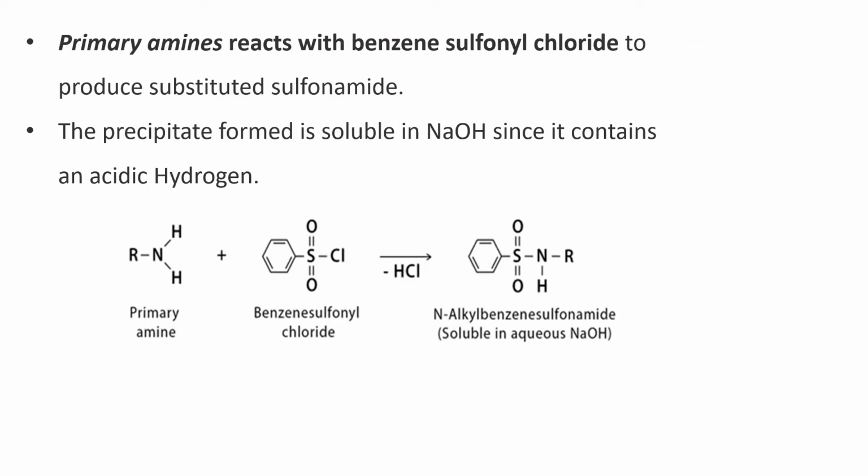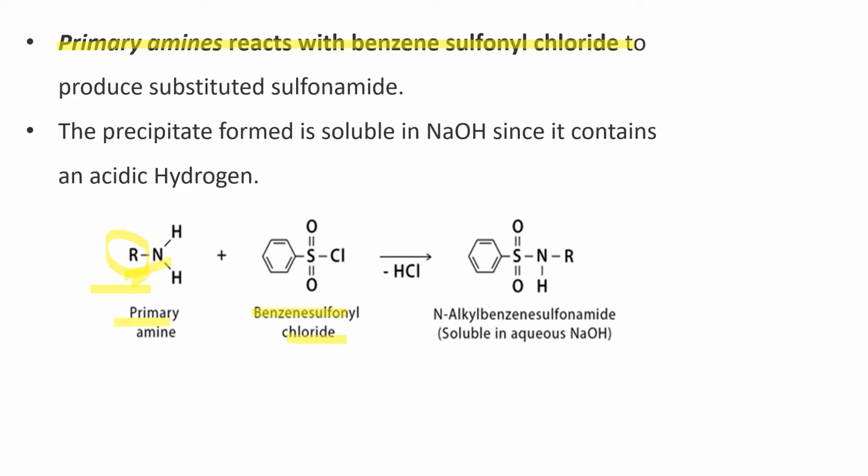Let us see how primary amines react with the Hinsberg reagent, that is benzene sulfonyl chloride. So here you have a primary amine which is having only one alkyl or aryl group attached to the nitrogen atom, right?